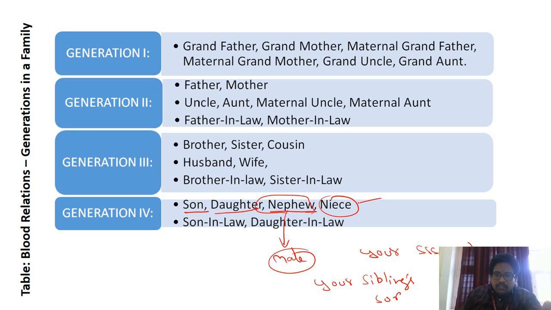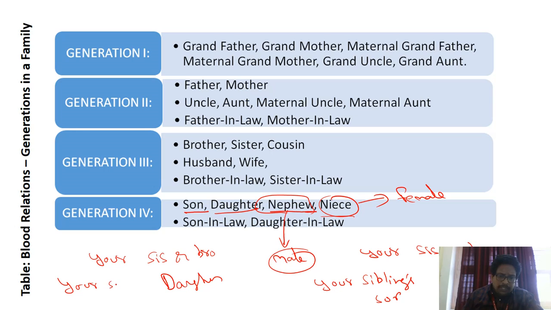Now, who is niece? So it's quite opposite to the gender of nephew. It's female. Same relationship. Your sister's or brother's, this time daughter. Your sister's or brother's daughter is niece. Clear? Or in short, your sibling's daughter is niece.